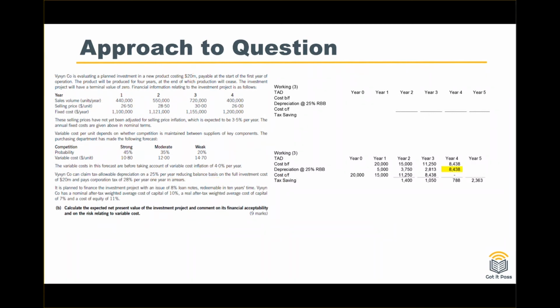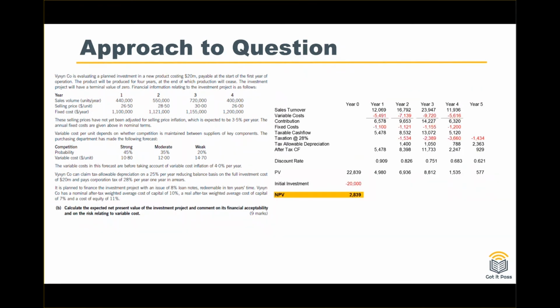Here you get the depreciation 25% on a reducing balance basis method. And last but not the least, the terminal value is 0. So for the depreciation here, the last year is a balancing allowance. You get the numbers, then you can come up with the NPV.